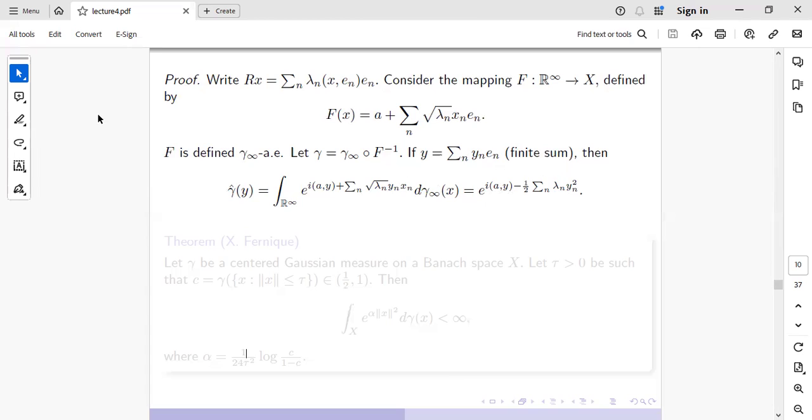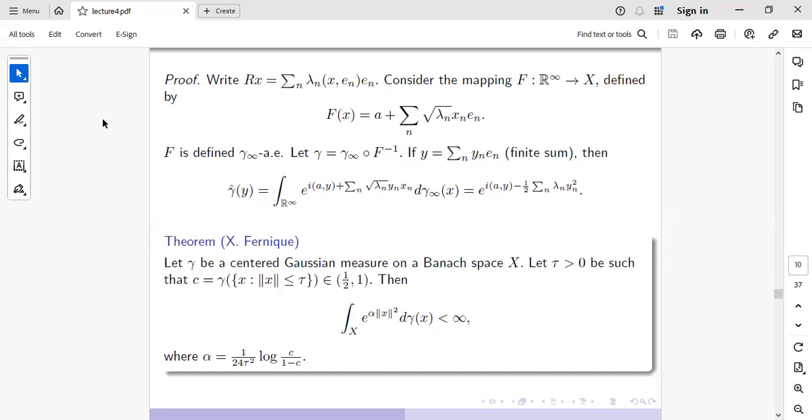Okay, now let's complete the proof of nuclearity by proving that actually exponent of the norm of x squared with some multiple alpha is integrable. And here alpha is bigger than 0.